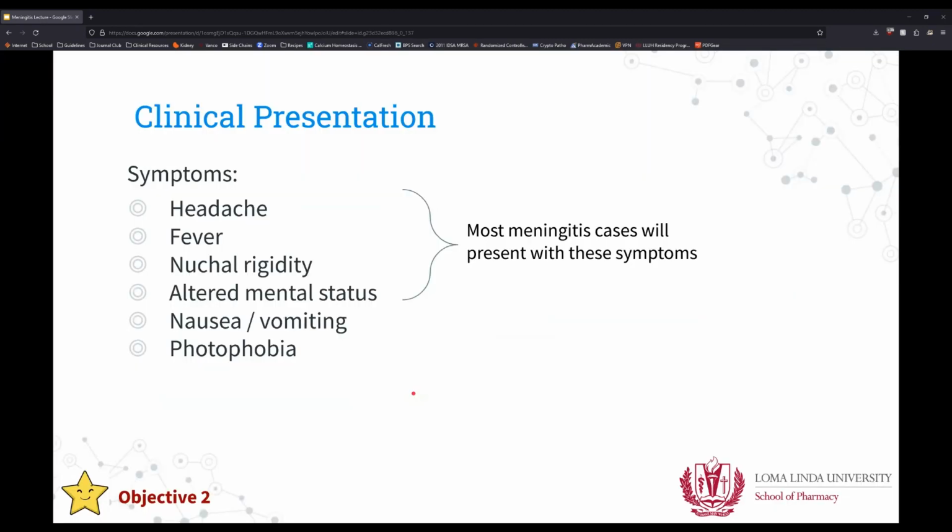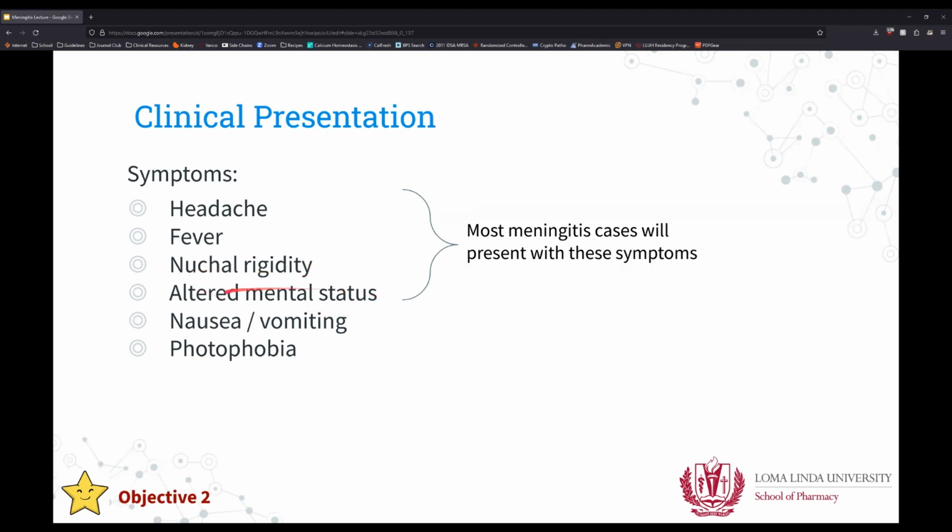All right, the clinical presentation of meningitis is going to be different for every patient. However, there are some common symptoms we try to keep in mind. This includes headaches, where the patient might describe it as the worst headache they've ever gotten, being febrile, and nuchal rigidity, which is essentially a stiff neck where they have difficulty moving it.